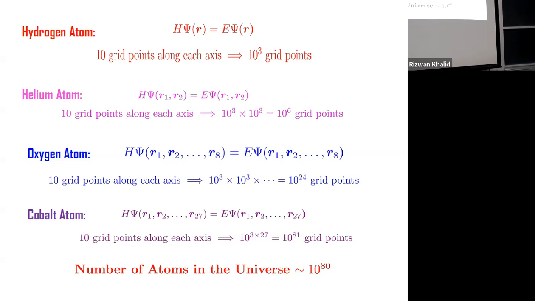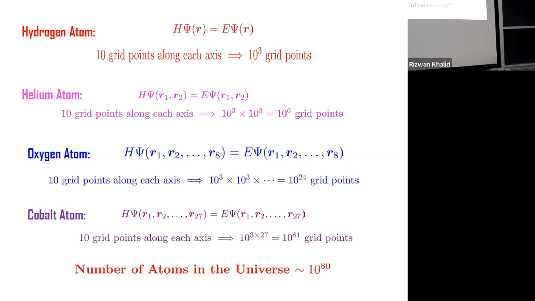And yes, more problems arise. If you calculate this kind of wave function on these many points, you have to store it. Assuming you go by single precision with 4 bytes for each number, you have almost this many bytes to store.